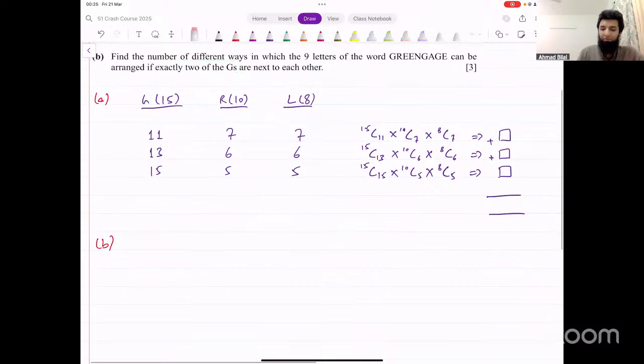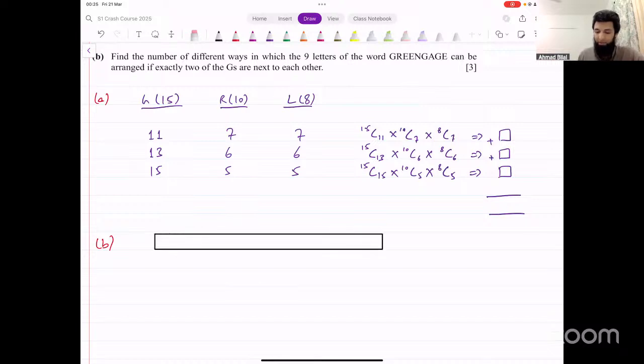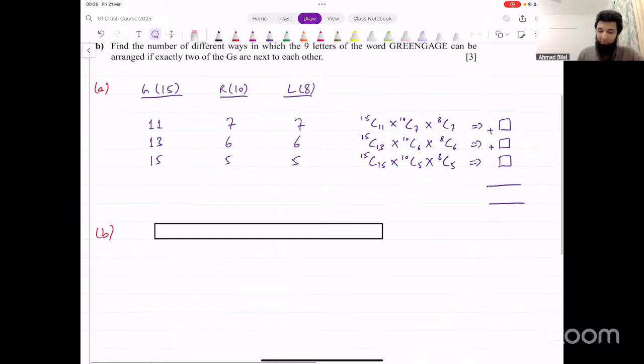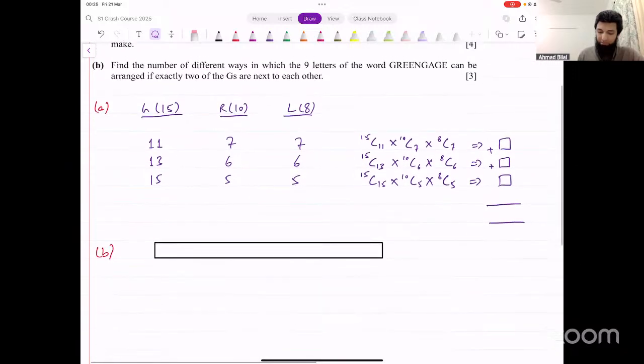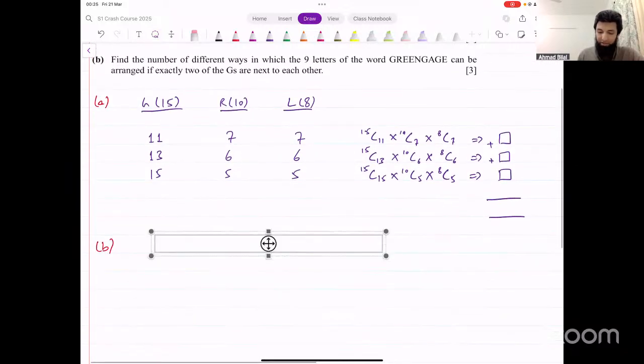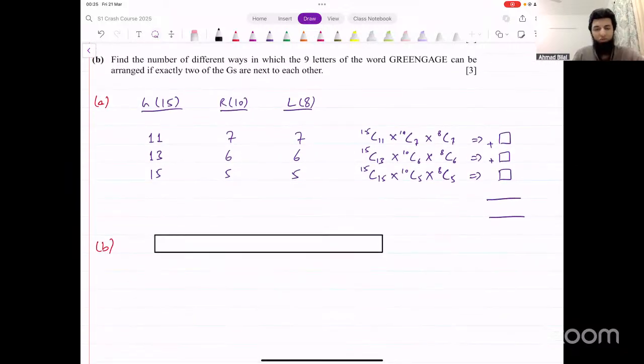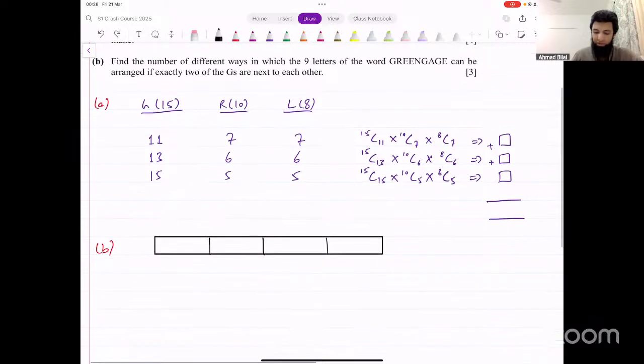One idea that might come to your mind is that we want 2 G's together. GREEN GAUGE is the word. So you say, let's put 2 G's in the same box. There are 9 letters in total, so there are 9 boxes initially.